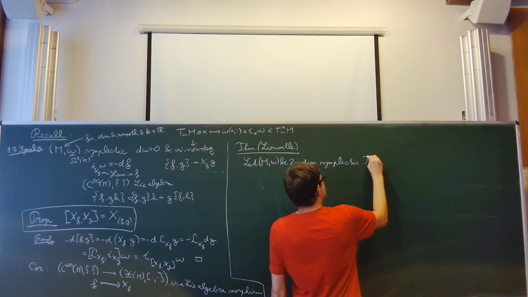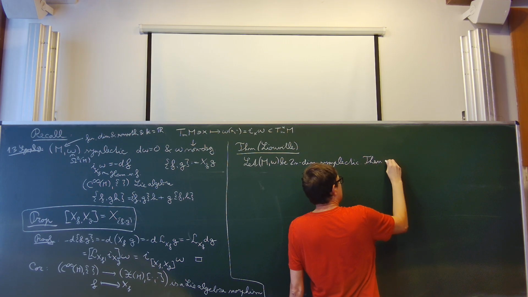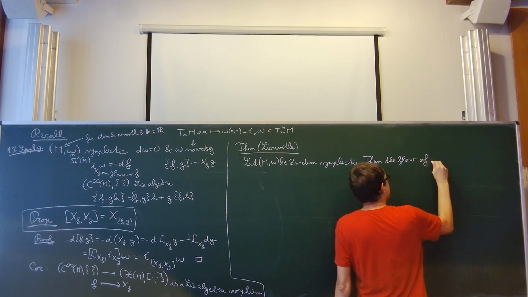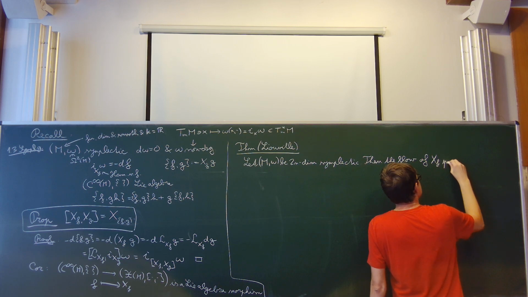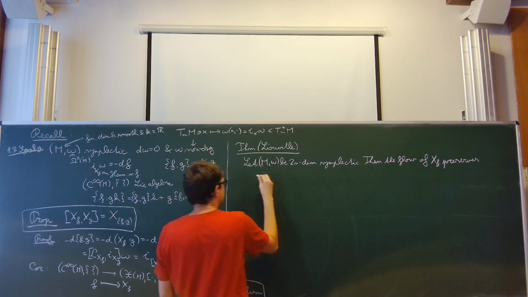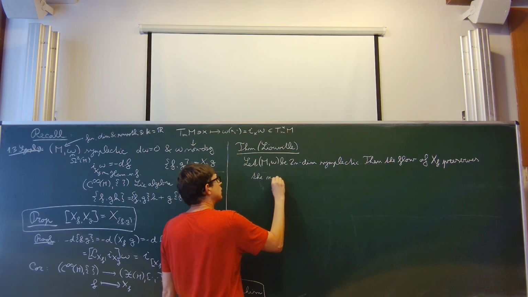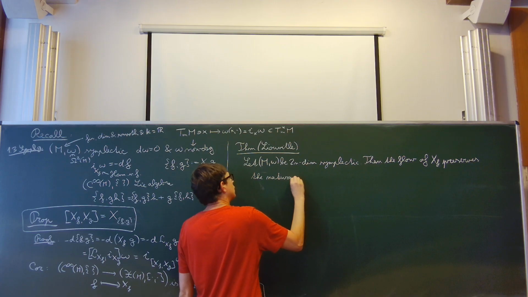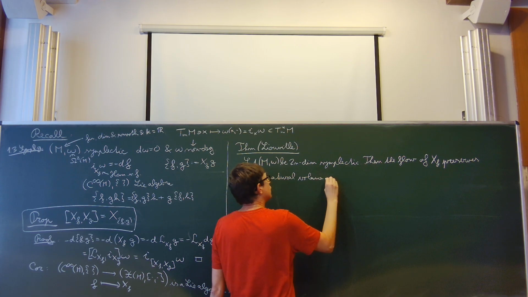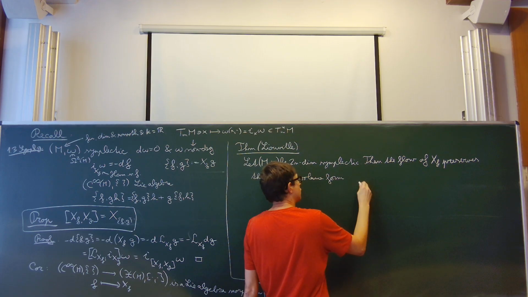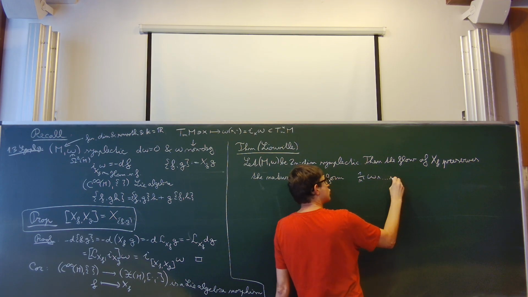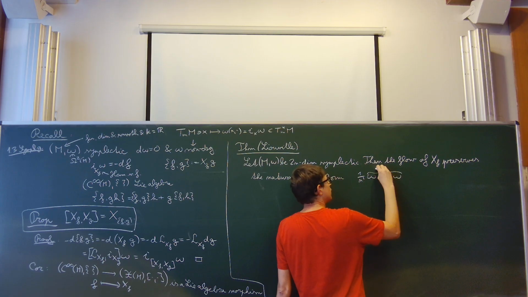And then the claim is that the flow of any Hamiltonian vector field, so the flow of X_f, preserves the natural volume form that we have present here, which is simply 1 over a normalization, and then I wedge omega with itself n times.